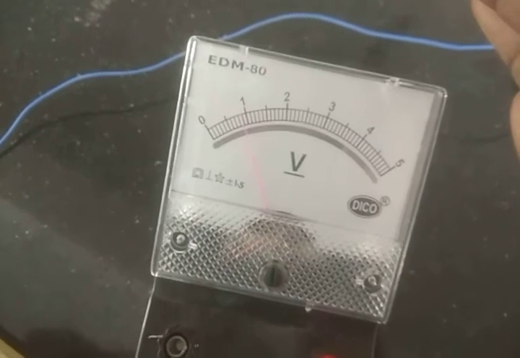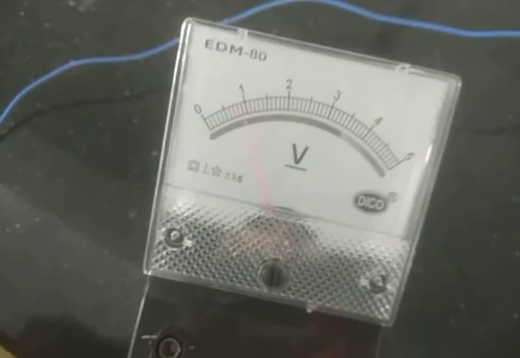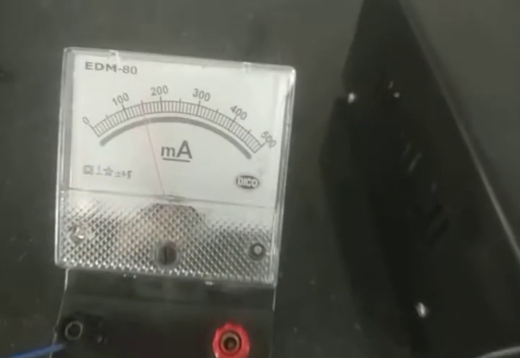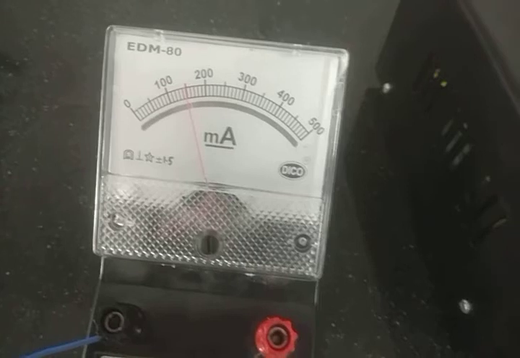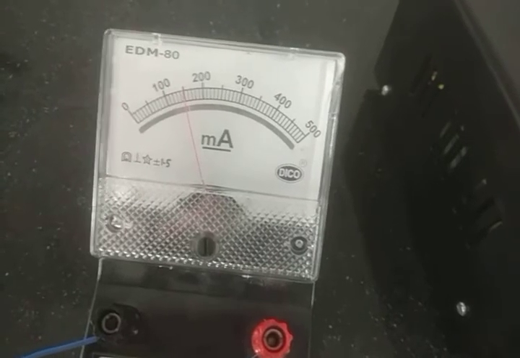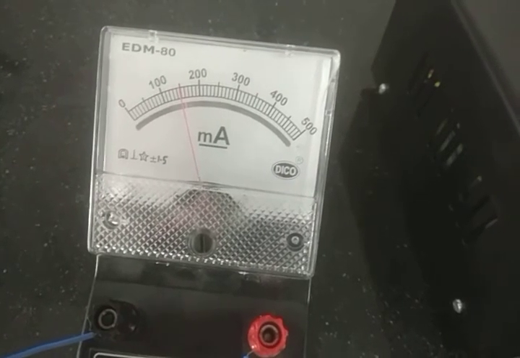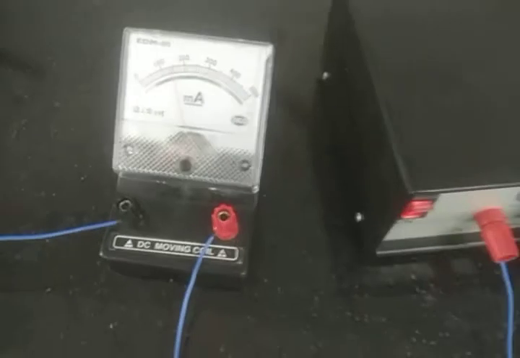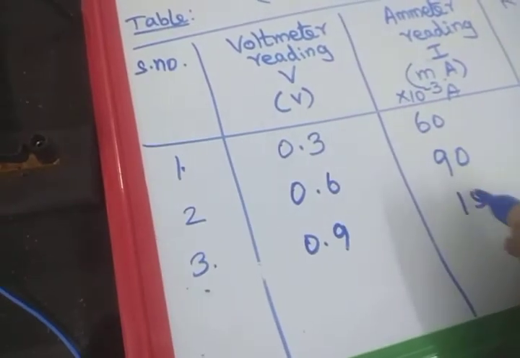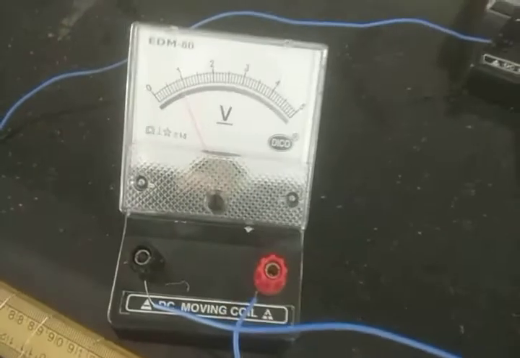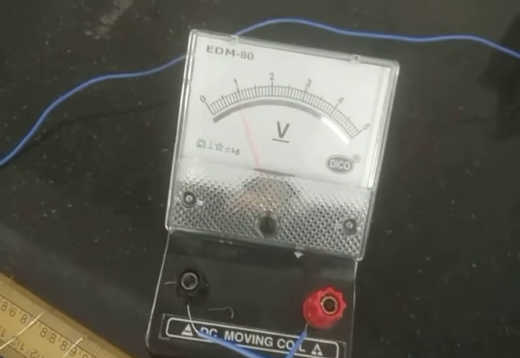Yes, exactly 0.9. What is the corresponding milliampere reading? It is 150. So for 0.9, the ammeter reading is 150 milliampere.